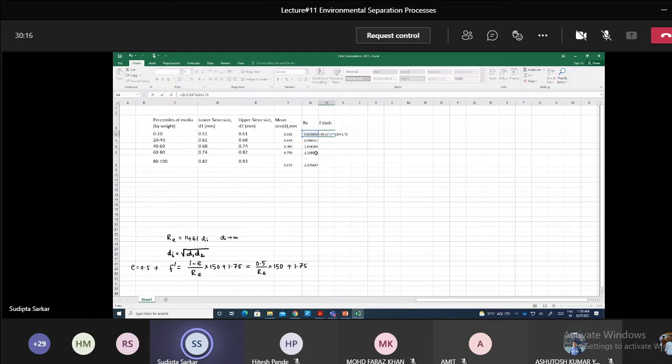To end the parenthesis here, and that's it. Sorry, 0.5 divided by RE into 150, plus 1.75. Fine. Okay. So let us find out all these values.